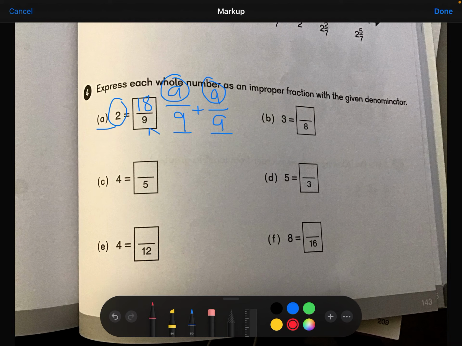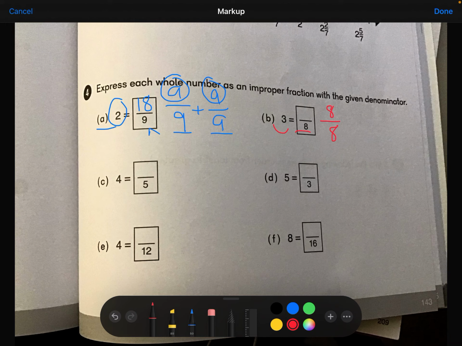If we look over at B, we are trying to represent 3 wholes, and they've given us a denominator of 8. So if we create our first whole, which would be 8 over 8, meaning we have all 8 of the 8 pieces that we need, we need to figure out what 3 of them would represent.